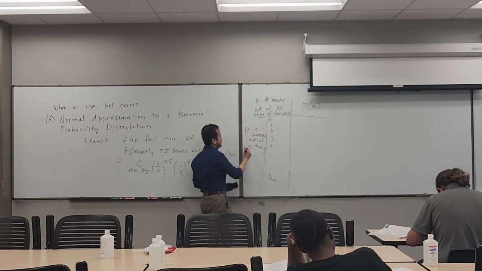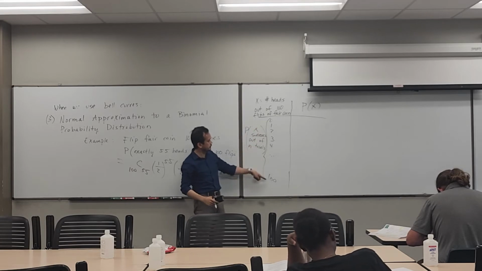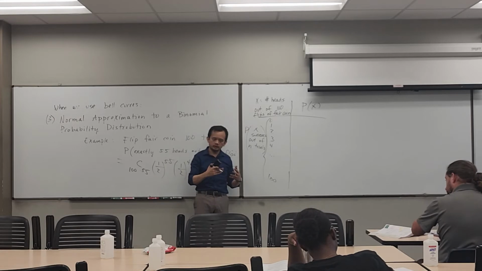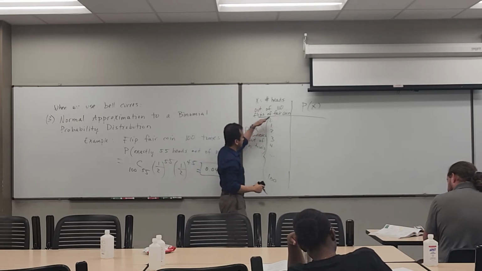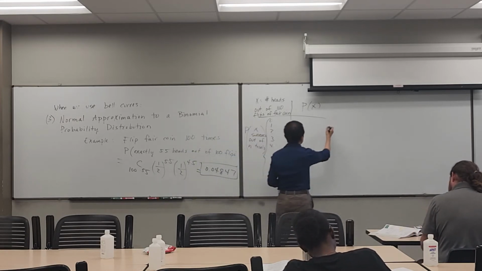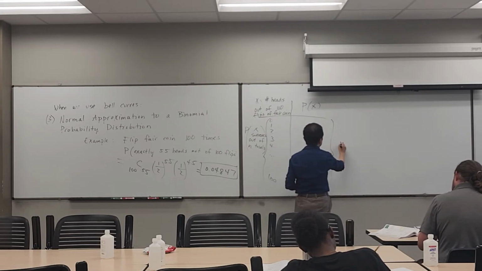So each of these probabilities is the probability of this particular number of successes out of 100 flips. So that structure is a binomial probability, and each of these would be the binomial probability formula.